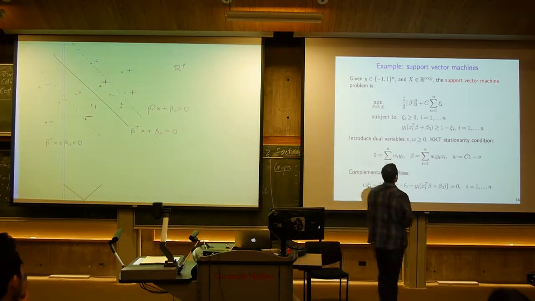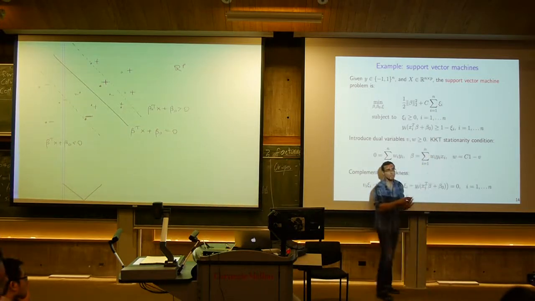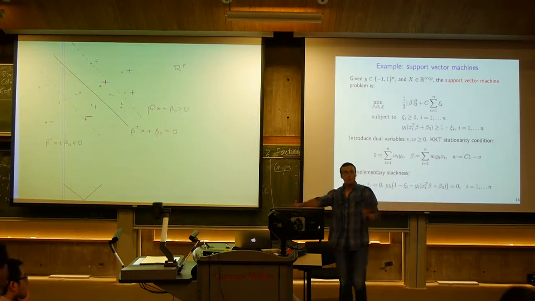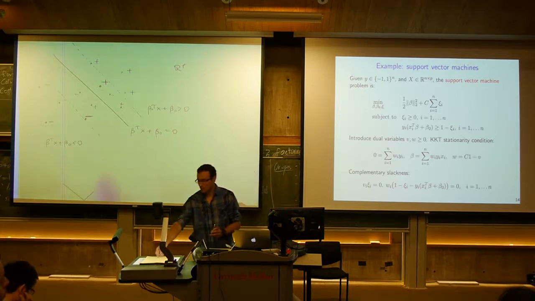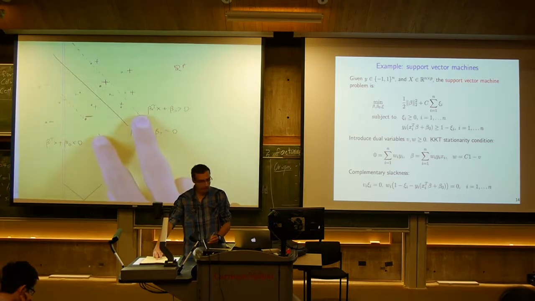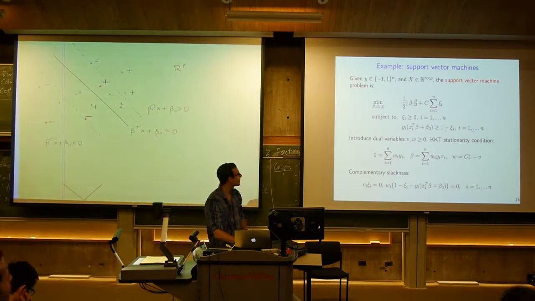And bigger than or equal to 1 is saying that it must be not only on the right side, but outside of the margins. So if we could solve this problem with all the slack variables equal to 0, we'd have perfect separation of our two classes, and the margin would be 1 over the norm of beta.